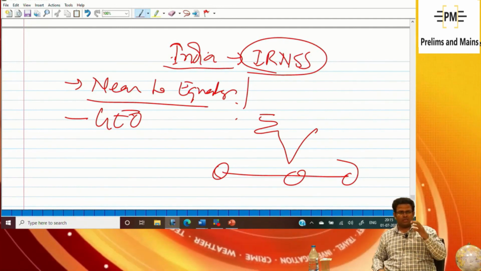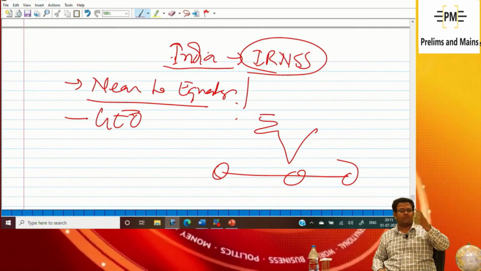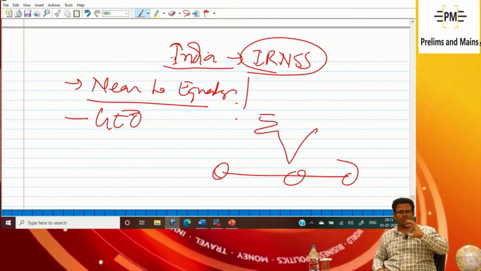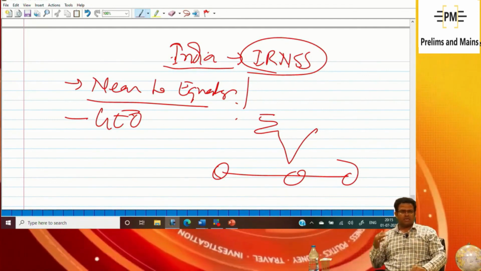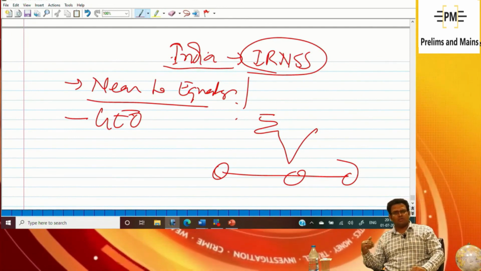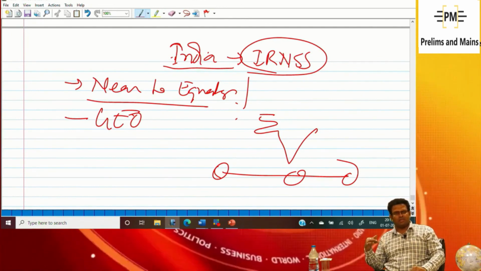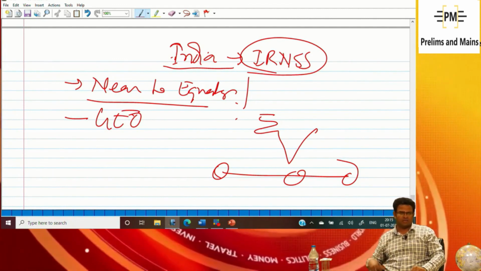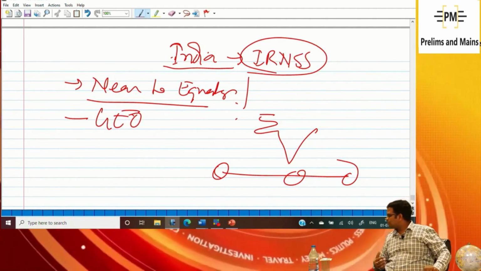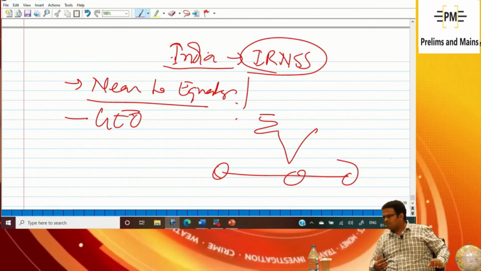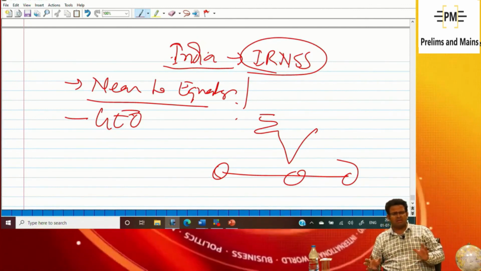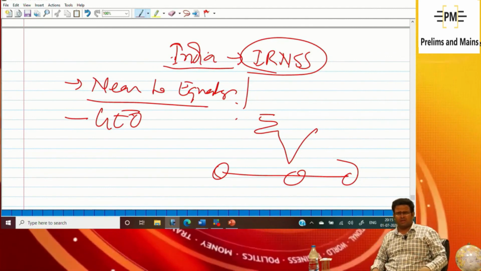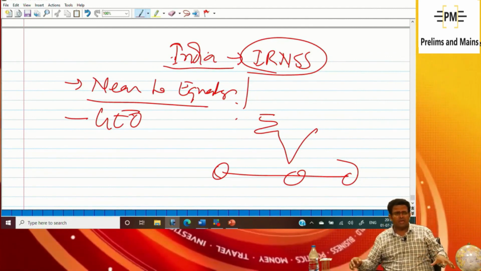Therefore for their navigation, MEO with several satellites is one of the options. But India is near the equator, therefore its navigation is better with the help of IRNSS in GEO. They need about 30, 31 satellites like this.